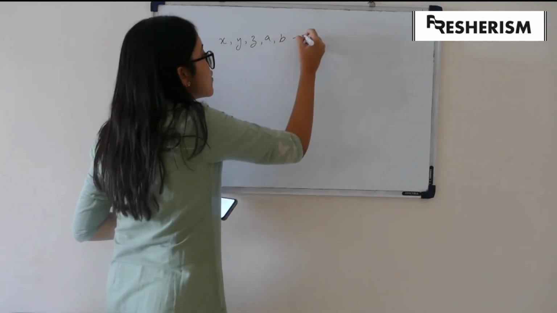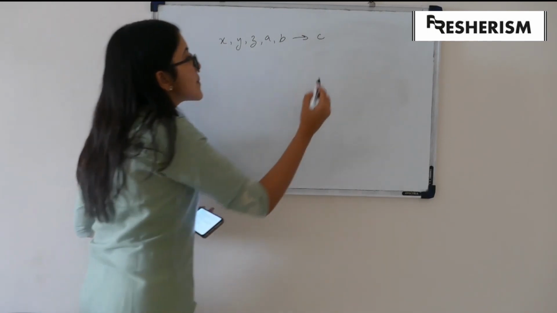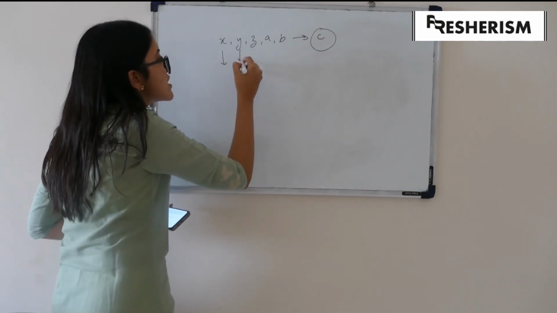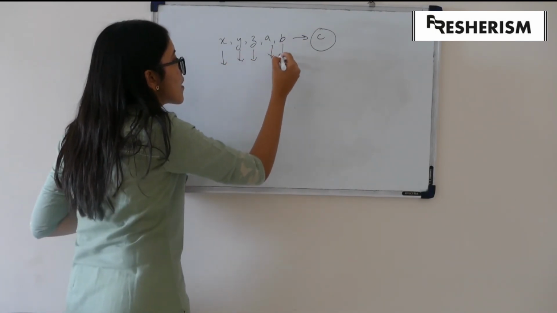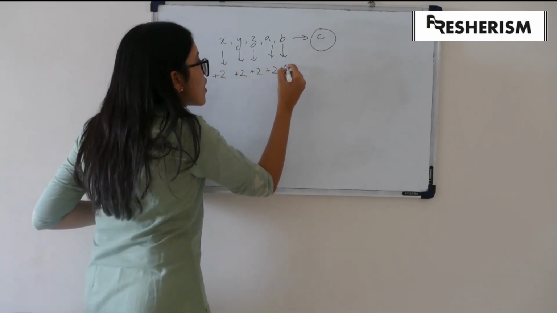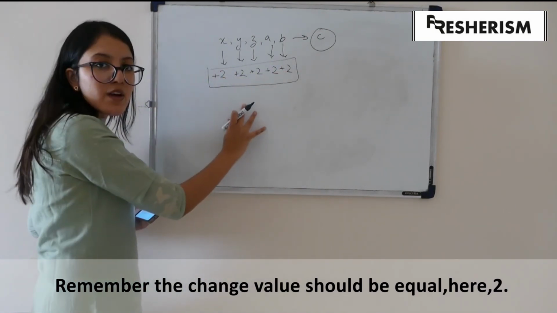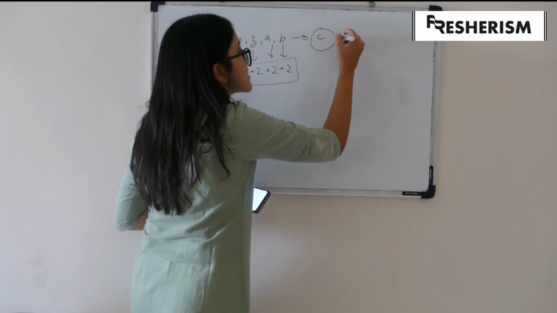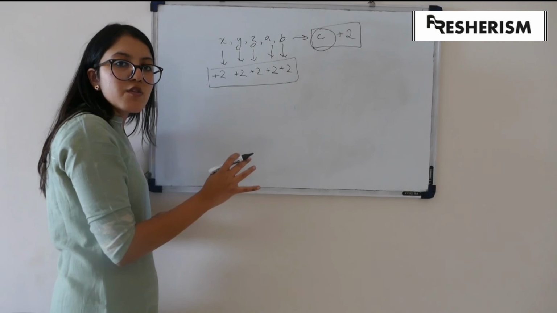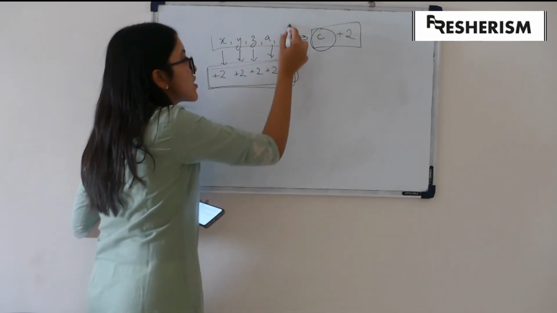Now their mean value is c, and the question asks what will be the change in the mean value if 2 is added to each individual number. Then always remember that this change, if it is equal, will also be the same change in the mean value. Hence, the new mean value will be nothing but the same increase that has been made in each individual number.